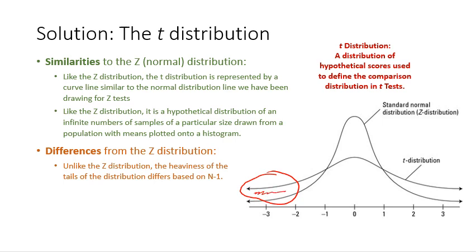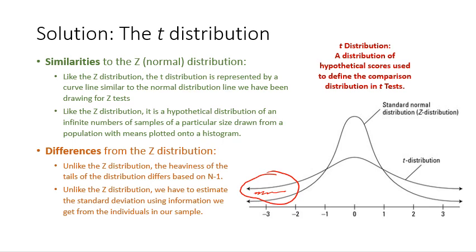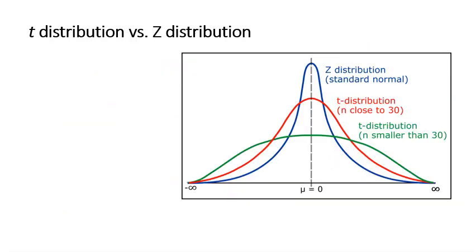If we want to get just 2% of those values, we're going to have a pretty high Z-score. Unlike the Z distribution, we have to estimate the standard deviation using information we get from individuals in our sample. Once again, I will talk more about this T distribution on the next slide.